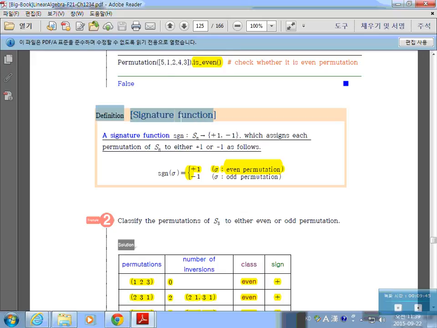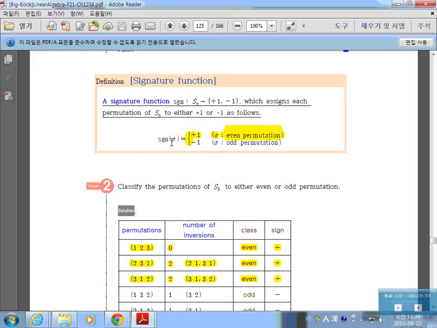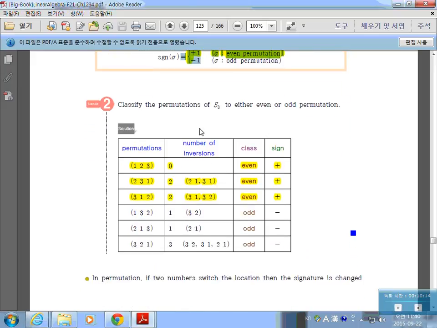Now we define a signature function. The signature function assigns each permutation of Sn either +1 or -1. If sigma is an even permutation, then the signature of sigma is +1, and if sigma is an odd permutation, it assigns -1. For S3, we have 6 permutations.